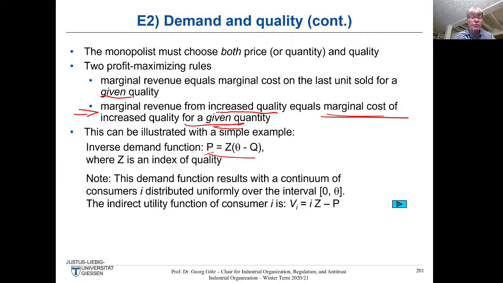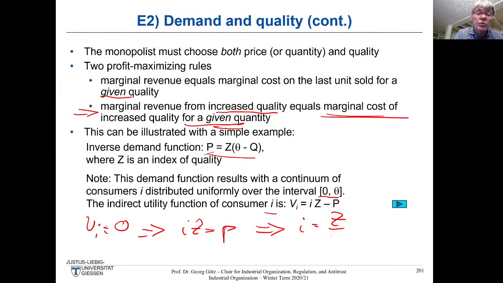And this demand function, for instance, results if you have a continuum of consumers I distributed over the interval from 0 to theta, and the indirect utility of the consumer is just this: V_I is equal to I times C minus P, because then you know the indifferent customer is the one for which V_I is equal to 0, and this means that we have I times C is equal to P, and what we know then, of course, is that this indifferent customer is determined by P over C.